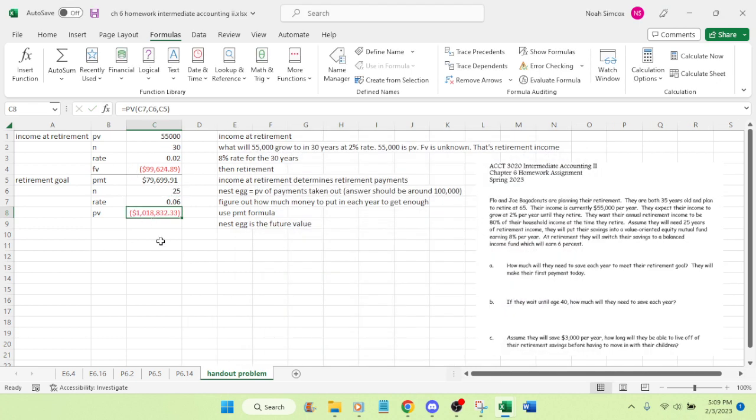This means that $1 million, if you're earning 6% interest on $1 million every year, and it's also subtracting $79,000 from it every year, that will last 25 years before the future value is zero.